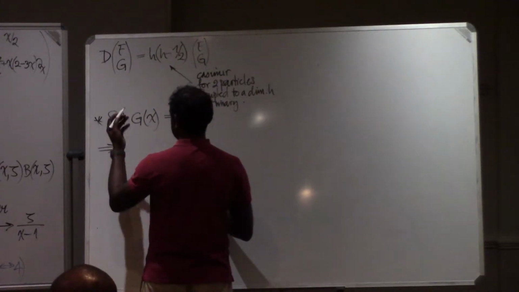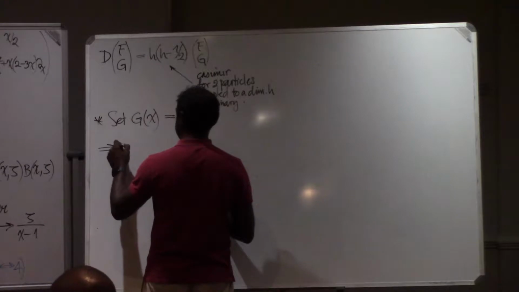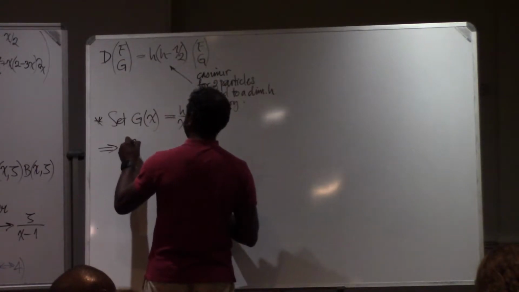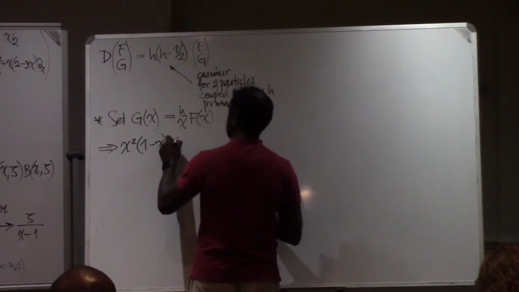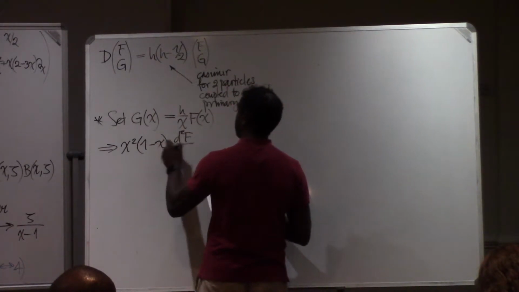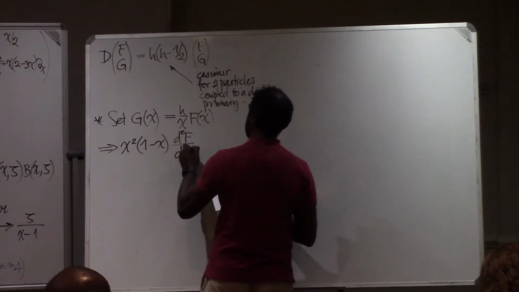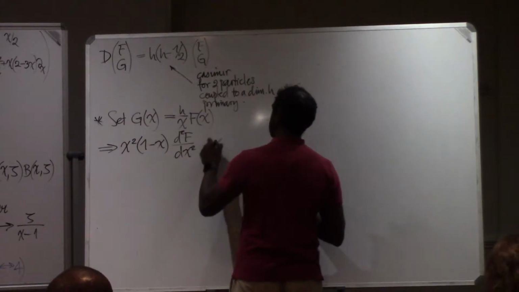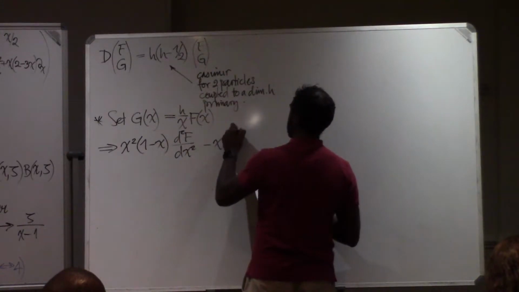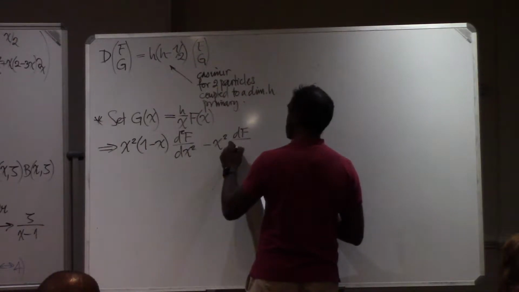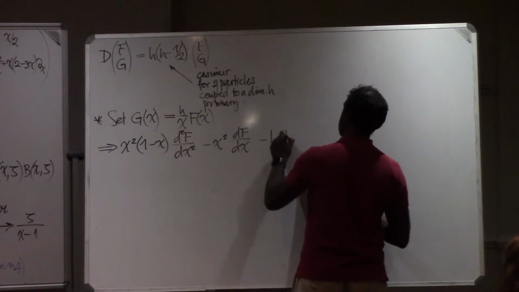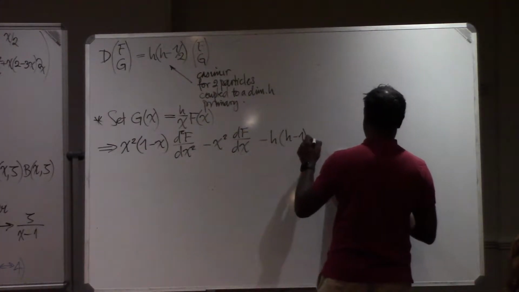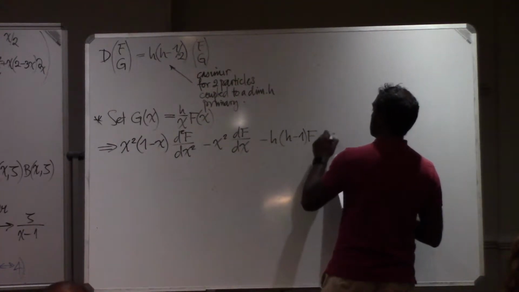And with this, let's just solve the equation for f, say. The eigenvalue equation becomes chi squared times 1 minus chi d2f by d chi squared minus chi squared df by d chi minus h times h minus 1 times f equals 0.